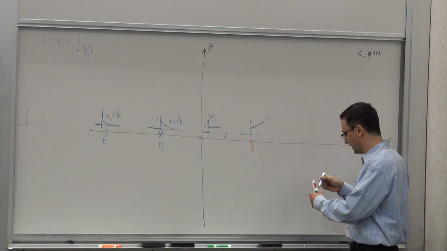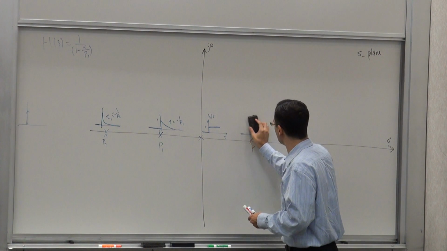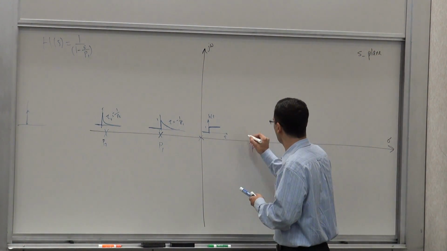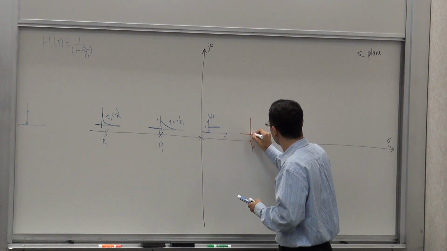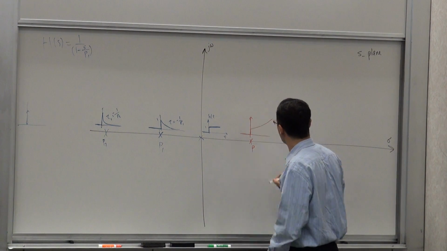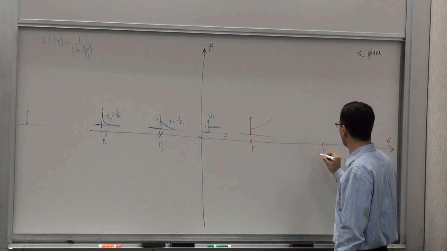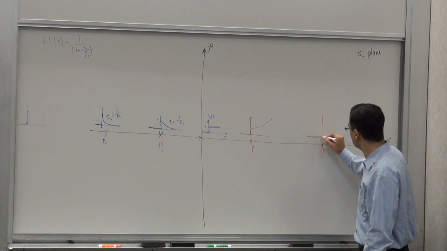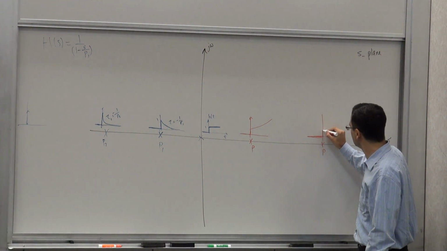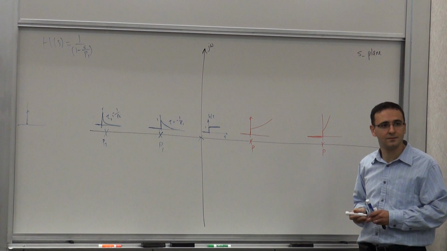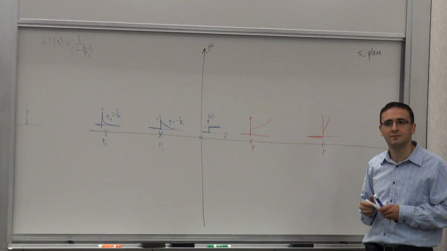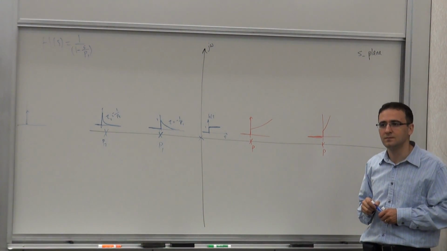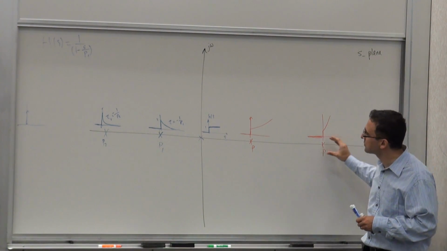And if my pole were here, then I have an exponential that's growing even faster. Does that make sense? So these are the impulse responses of the system.